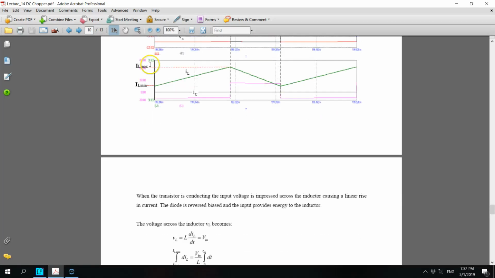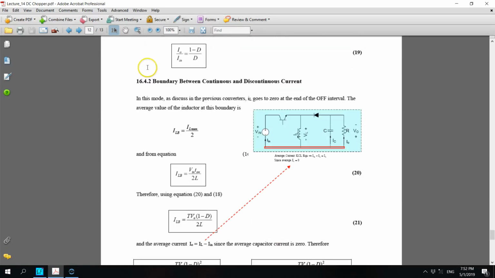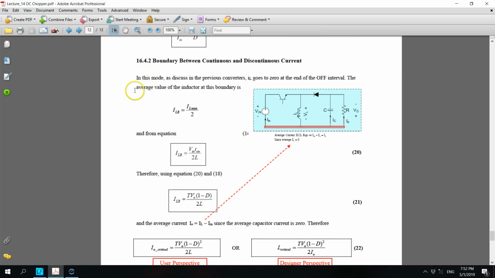Therefore we have this equation whereby ILB, the average current at the boundary, where the capital I denotes it is an average current, ILB equals IL max divided by 2.